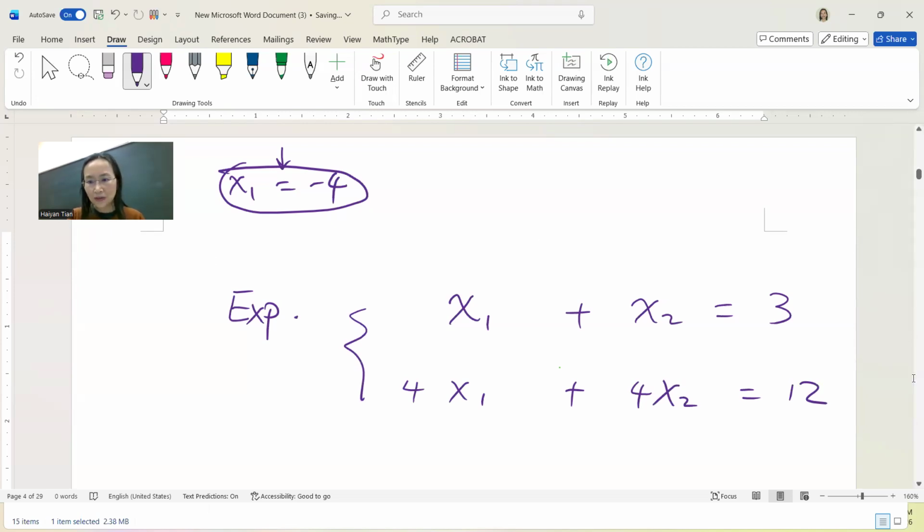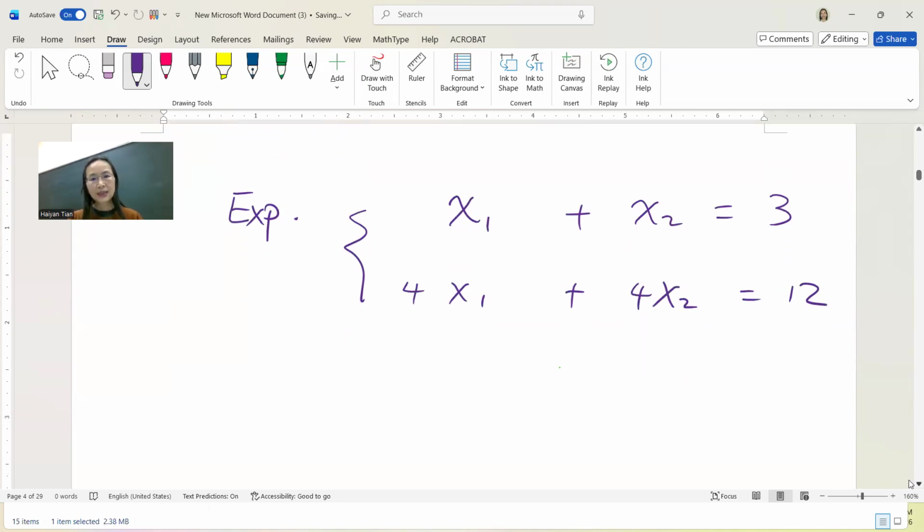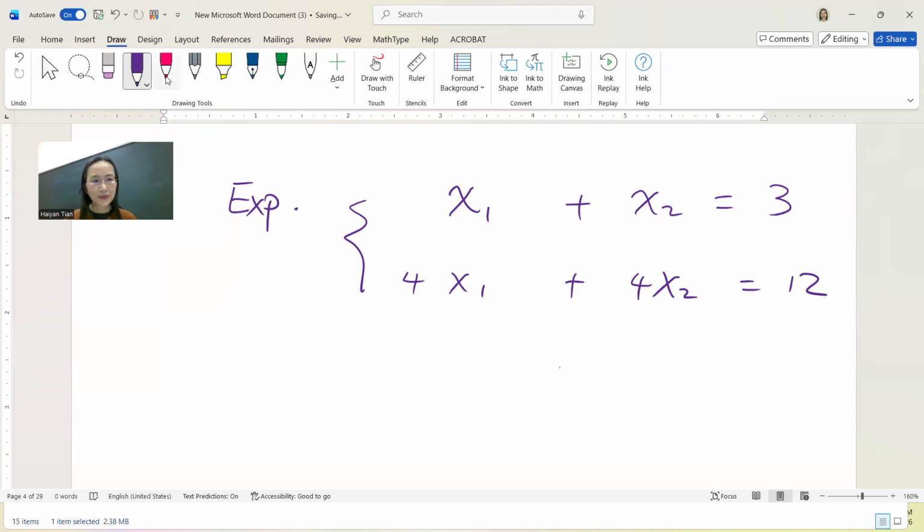And let's try to solve it. When we try to solve it, again, it's always convenient if you label the first equation, second equation, right? This is our first equation, second equation.